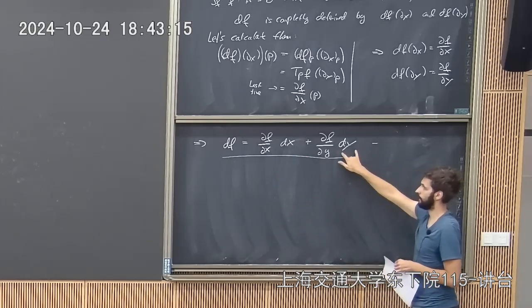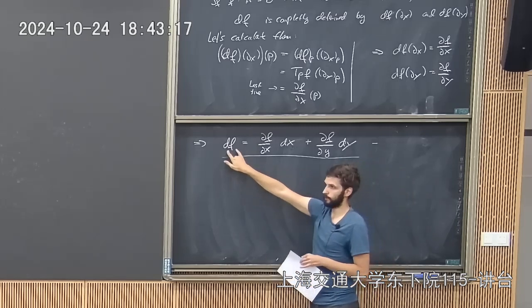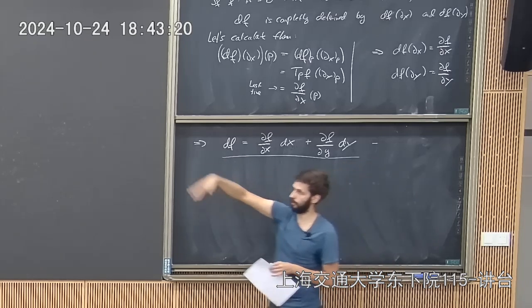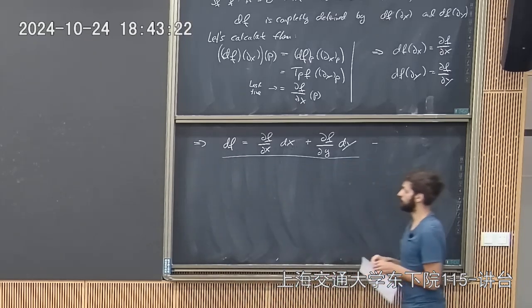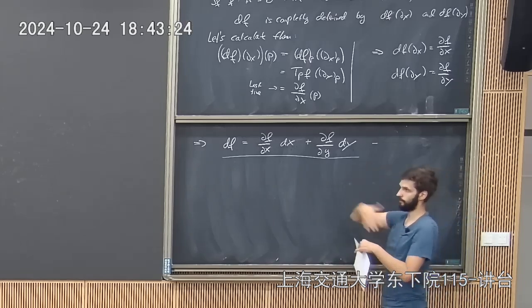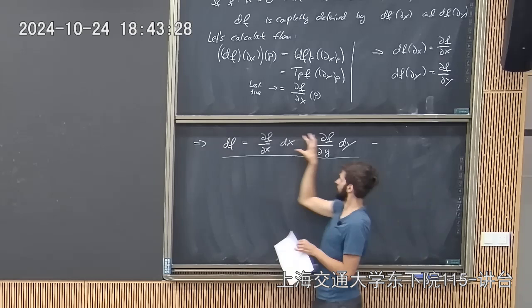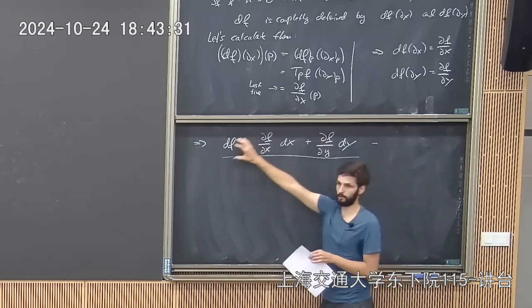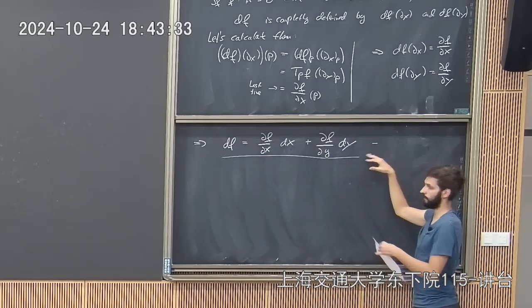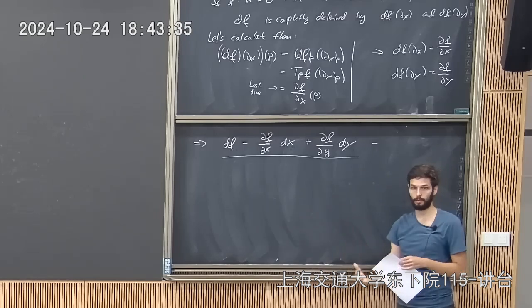Similarly dy. And df as well was completely defined in terms of the directional derivative, in terms of taking a curve and then taking the variation. So all of that is independently defined, and this calculation really shows that everything comes together in a way that you would expect.